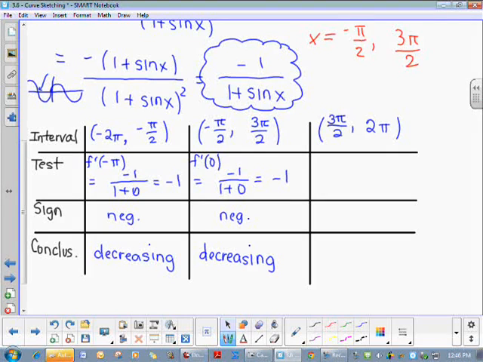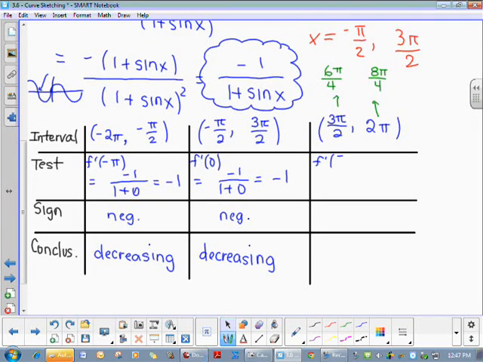Well, the last interval here is probably going to be the trickiest one because to come up with values between 3pi/2 and 2pi, you're going to have to be a little clever. And I would perhaps suggest rewriting these two so that they have a denominator of 4. So 3pi/2 would be 6pi/4. 2pi would be the same as 8pi/4. And then it becomes pretty easy to see that it's 7pi/4.